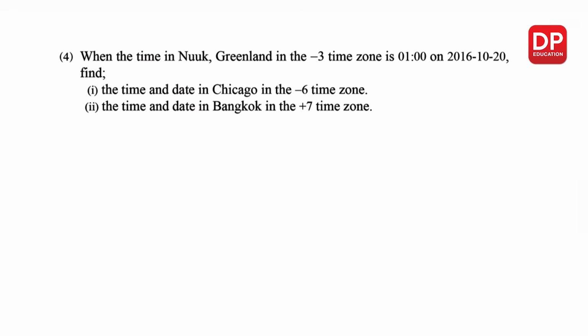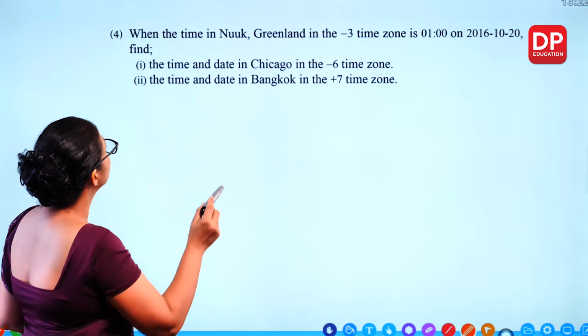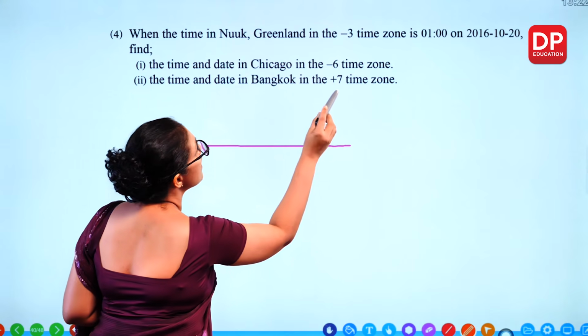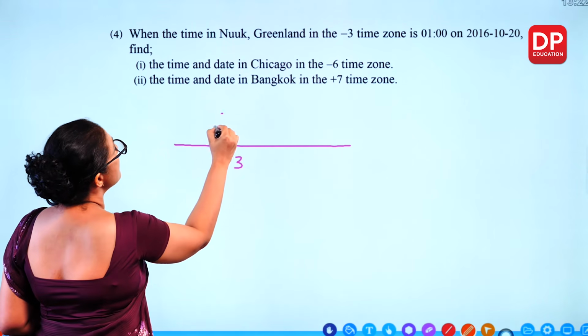Question number 4. When the time in Nuuk, Greenland in the -3 time zone is 1 in the morning, on 2016, October 20th. So we'll draw the line.